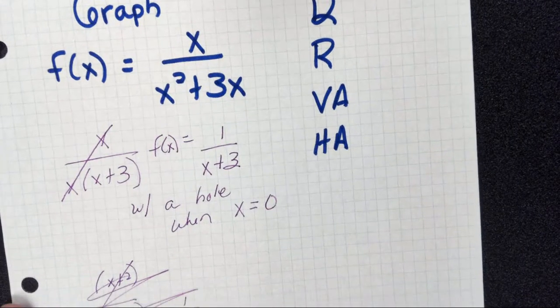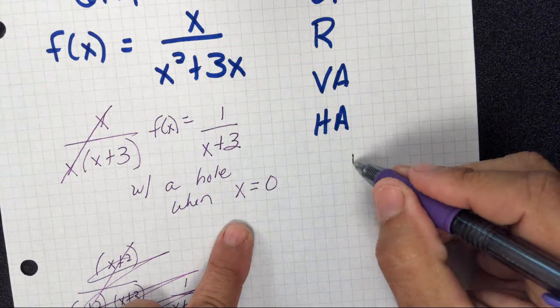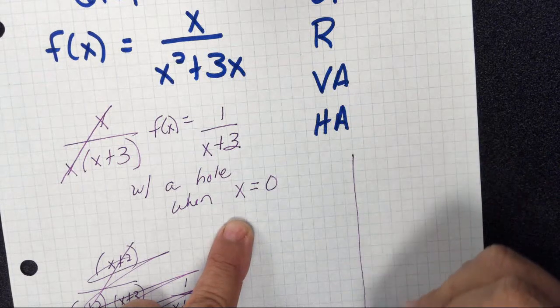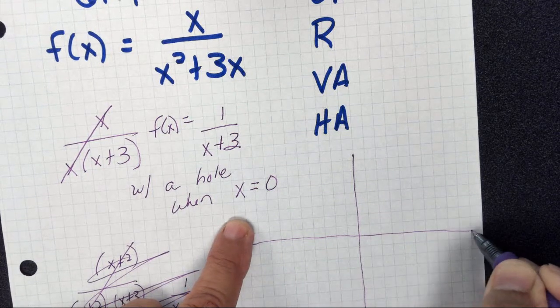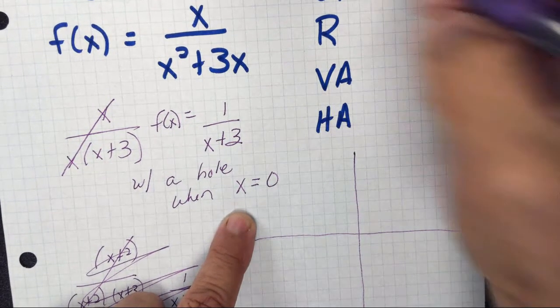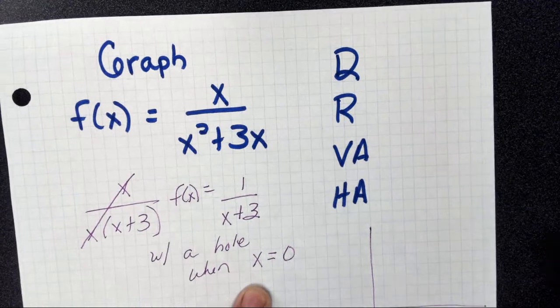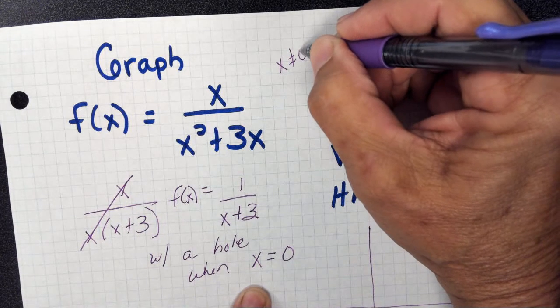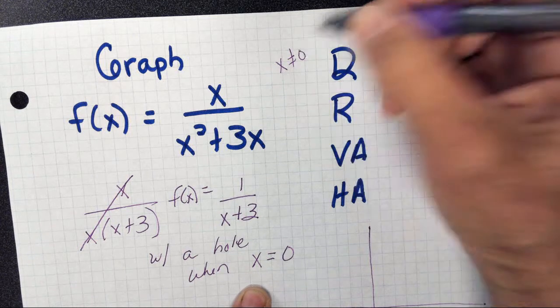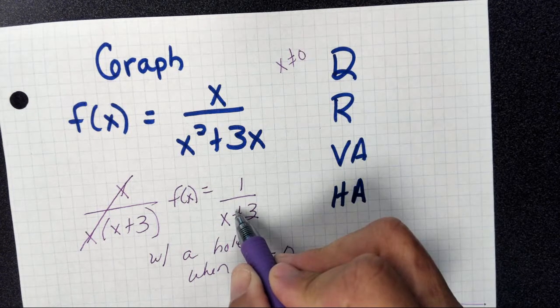So now, because I have a hole, I want you to always address that first, because what happens is we kind of tend to forget about it. Because we have a hole, that messes with our domain. X cannot equal 0. We're going to plug that 0 into our function.